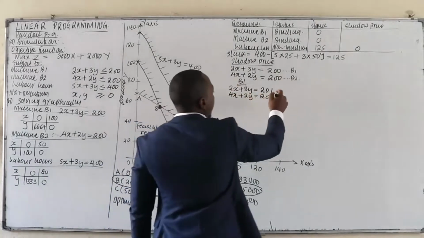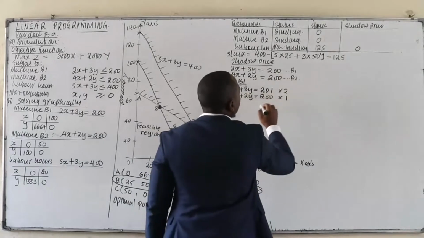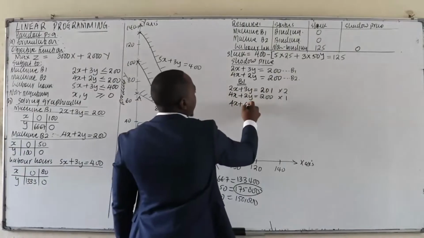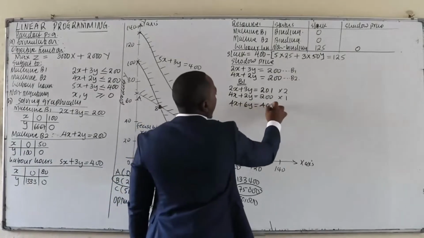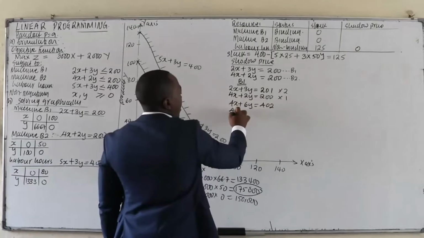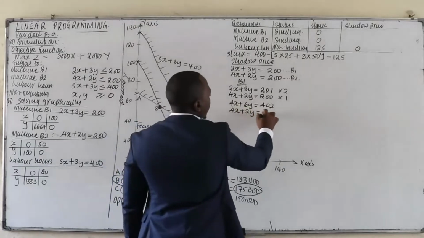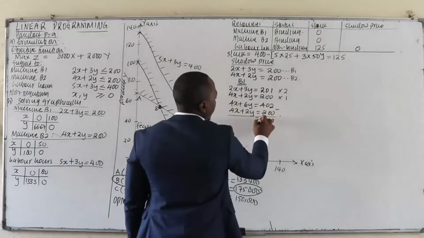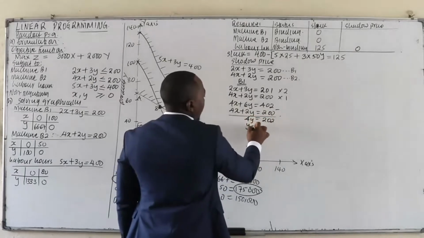Then you solve simultaneously. You multiply by 2, you multiply by 1. This one will be 4x plus 6y is equal to 402. You multiply by 1: 4x plus 2y is equal to 200. So here you'll get an amount of 202. This is 4y. Give me y.